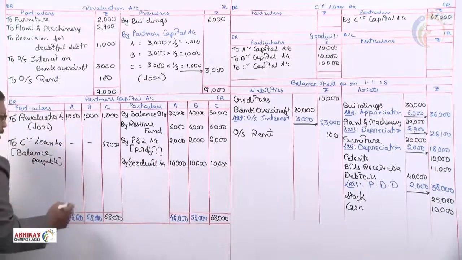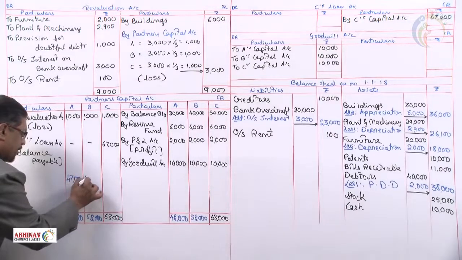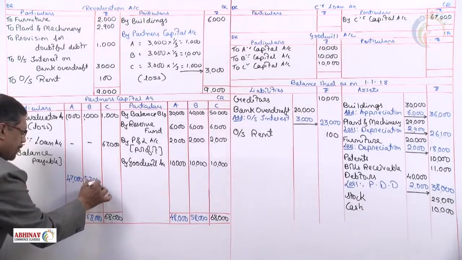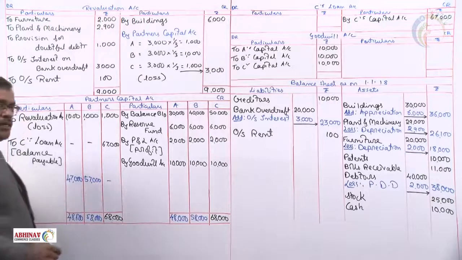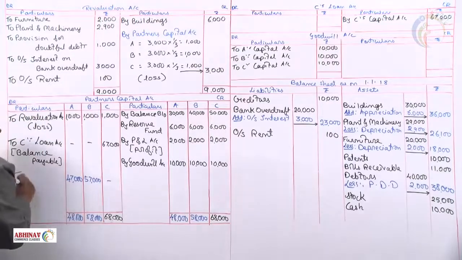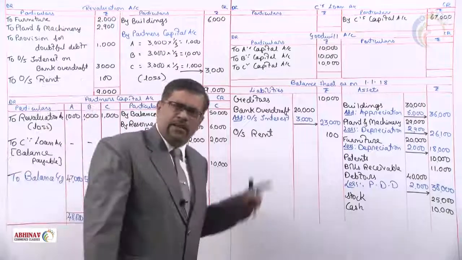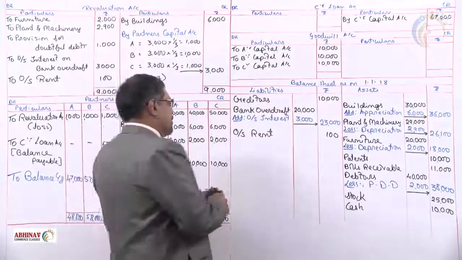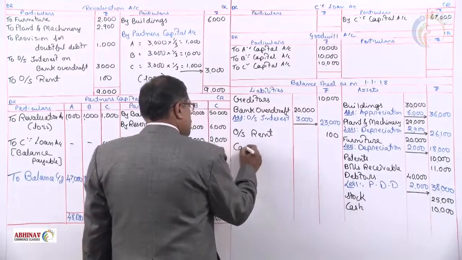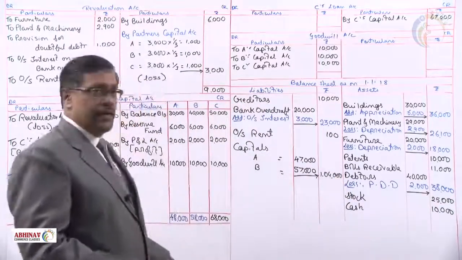When you minus 1,000 loss, the balance that remains is 47,000 and 57,000. Whatever balance remains in capital, we transfer that to the balance sheet, and we show it here as by balance carried down. We'll carry forward that to the balance sheet, 1,04,000. That's all with the capital account.